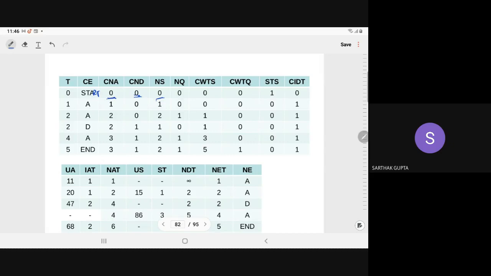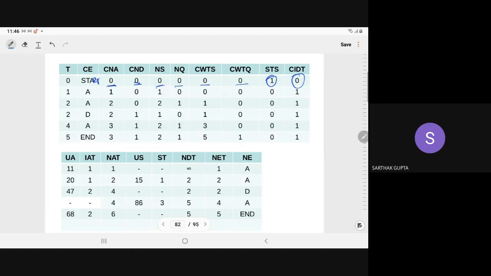NS is equal to 0. NQ is NS minus 1, so it is 0 only, because you have just started your system. CWTS is also 0, CWTQ is also 0, because presently there is no customer. Server is idle, and cumulative idle time is equal to 0.